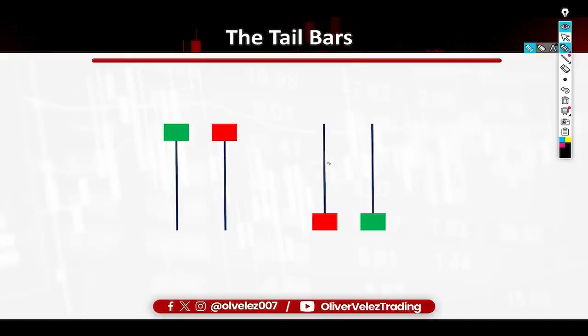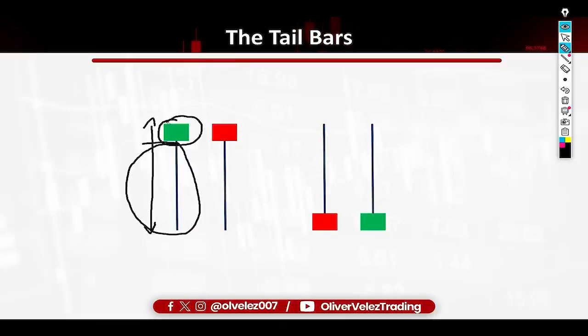What makes a tail bar truly a tail bar is that the majority of the bar's range from high to low is tail. So the majority of the bar's range is tail, and the body at the top of the bar is small. If you have a body that is not small, but also part of a tail, that's not a pure tail. A pure tail bar is the majority of the bar's range is tail.